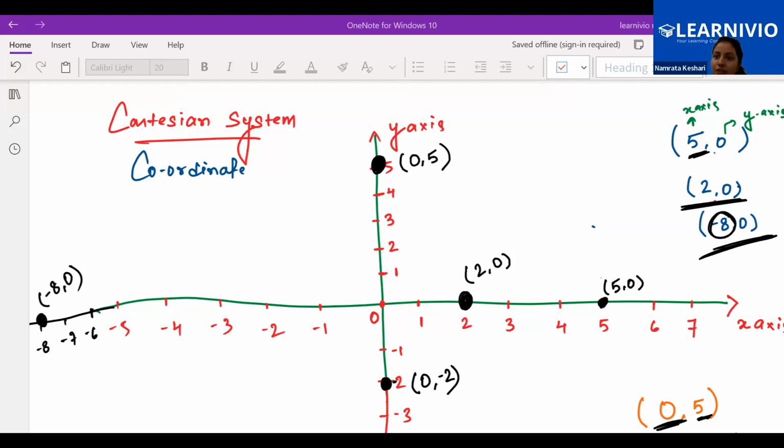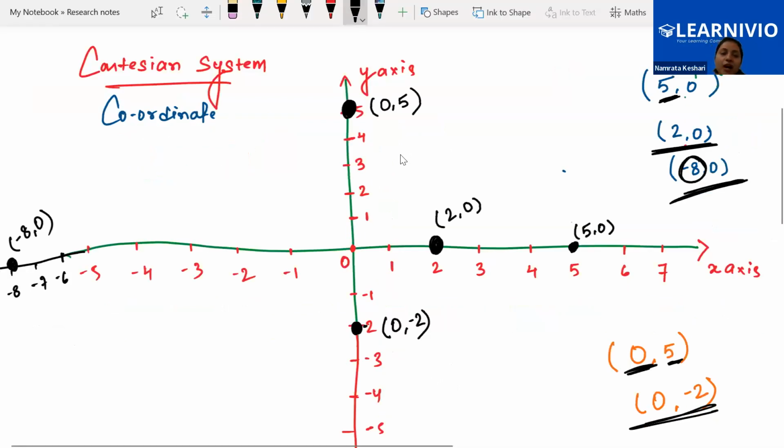Okay. Now we understood that if y is 0, we know how to locate it. The bracket which we are writing, the address which we are trying to write over here, is called the coordinate. If the coordinate has x as any other number, let's say 4, 5, 6, minus 2, minus 3, whatever, and y is 0, we understood how to locate it.